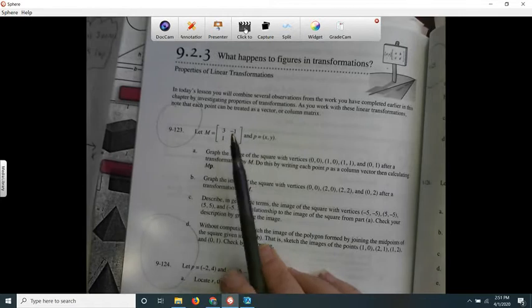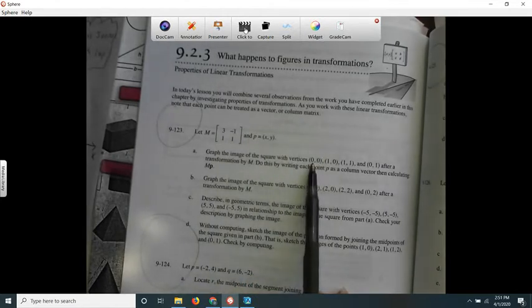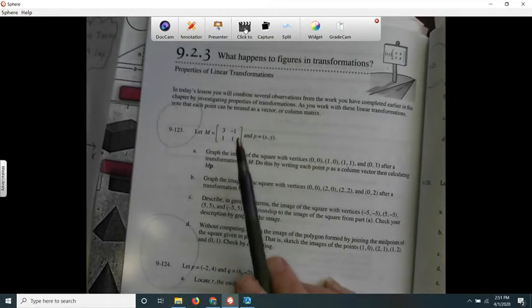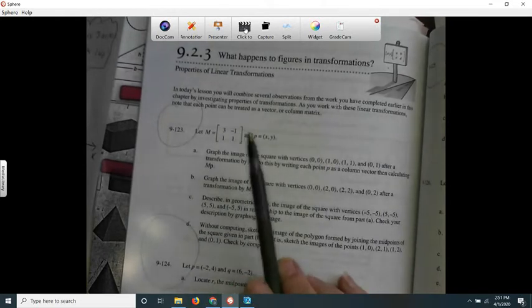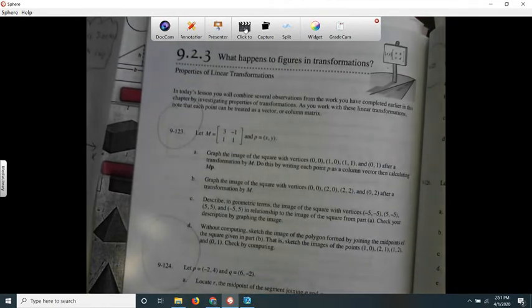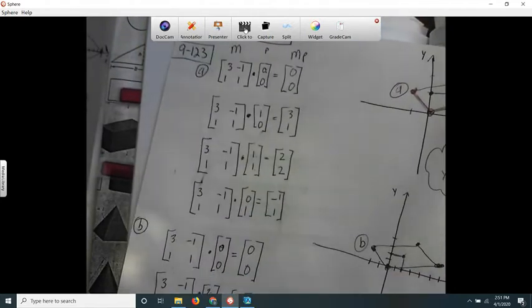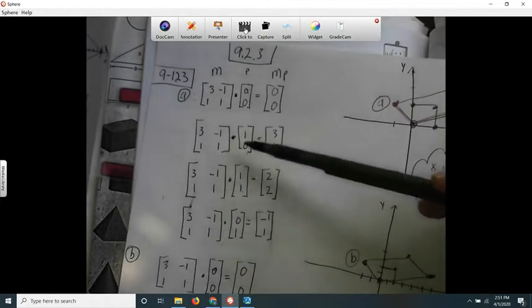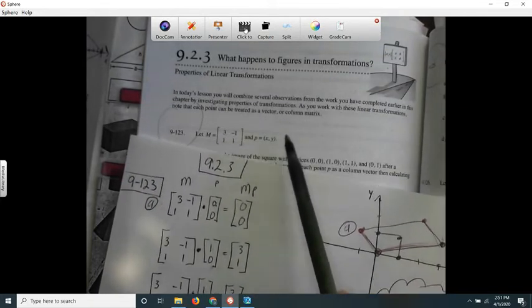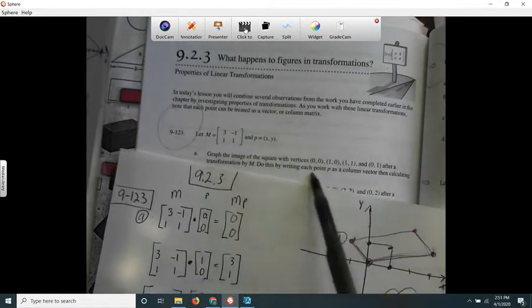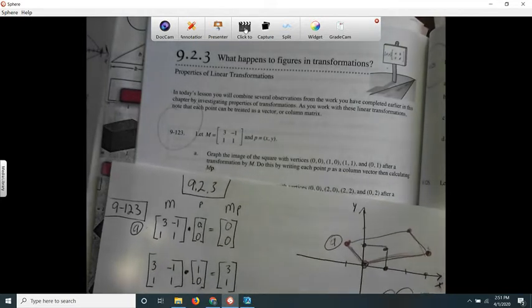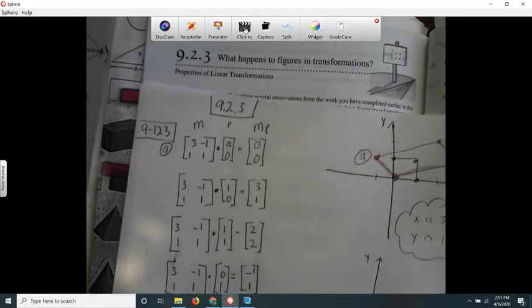What that means is I have to multiply this one by M, and then this one by M, each one of them separately by M, which I did right here. I set it up with each of the four little ordered pairs, the little vectors that they gave me, and I'm multiplying.